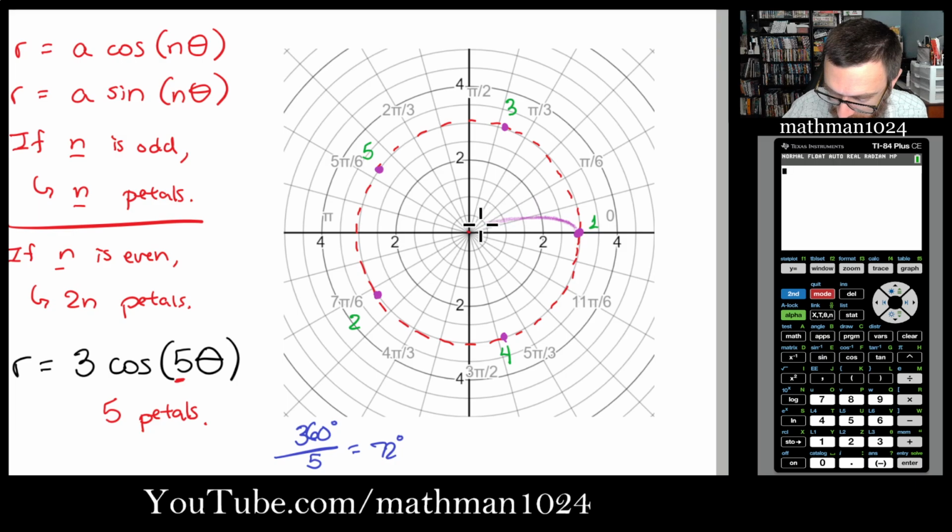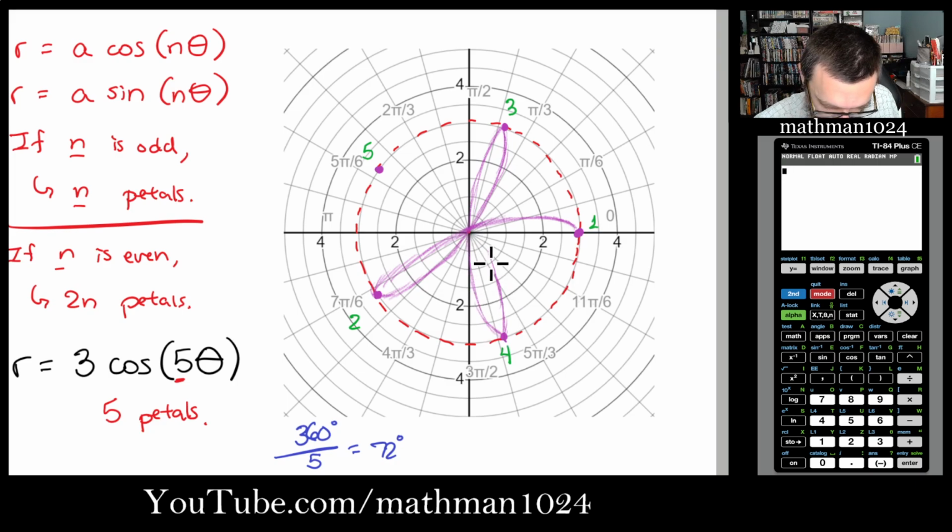So a little petal, you've got to make sure that you cross through the origin. I'm going to hit this guy, and then I'm going to curve this back up here to my third little endpoint. And then I'm going to curve back around to get this one.